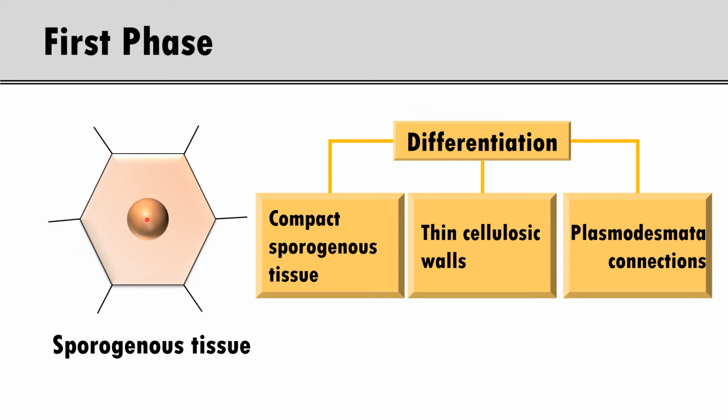From the archesporial cells, the sporogenous tissue and tapetal initials will be generated, and the sporogenous tissue starts forming a clear-cut compact tissue with thin cellulosic walls, and numerous plasmodesmatal connections will be there between these various microspore mother cells. That is the first phase of microsporogenesis.